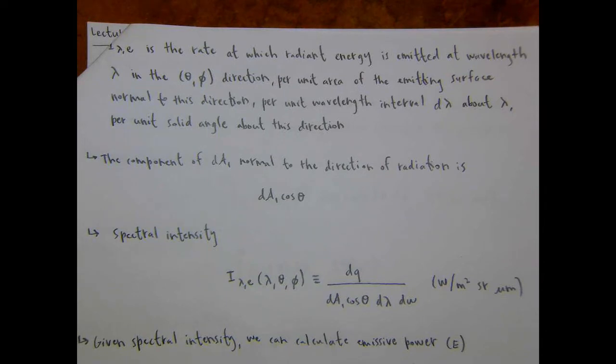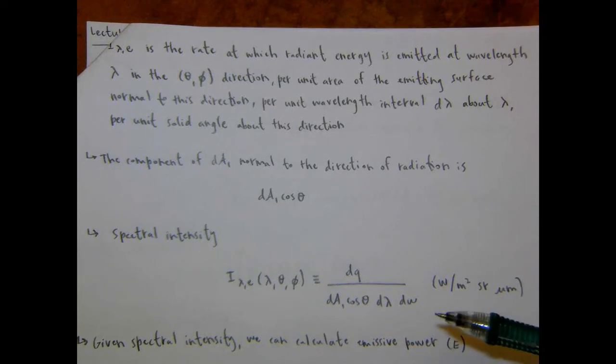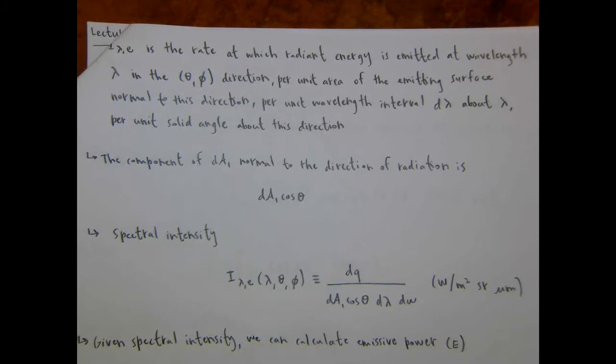And then we said we can integrate this over all of the directions to get the spectral emissivity, and then integrate that over all of the wavelengths to get the total emissive power. So we went through that for emission, and then we repeated it for irradiation and radiosity.